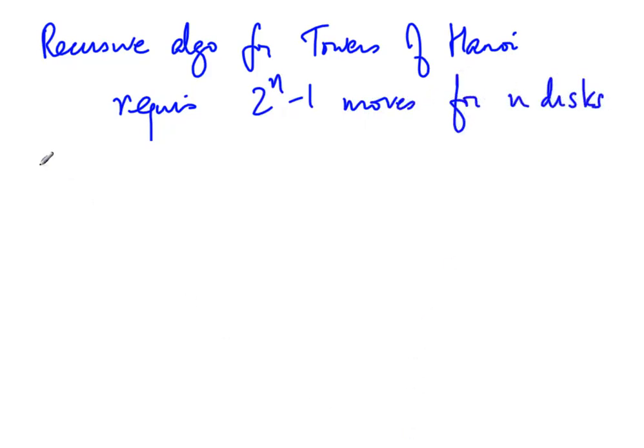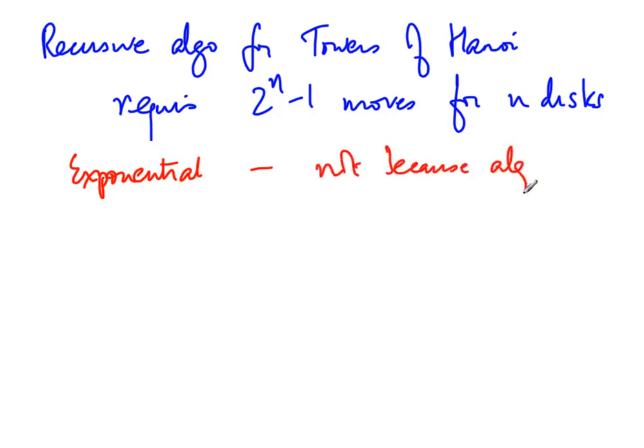Okay, so this is clearly an exponential algorithm, and this is exponential because the problem is hard. It's not because the algorithm is poor. It's because the problem is hard that we have an exponential algorithm.